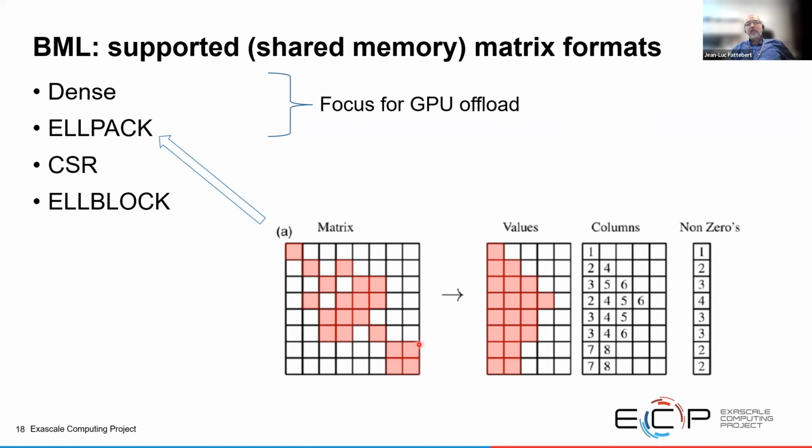So if you have a sparse matrix like this one, you're going to say, I'm going to have a maximum of 5 non-zero elements per row, and you pre-allocate a big block of memory and store your non-zero values there, as well as the other information needed to retrieve this data. It has the advantage compared to a standard CSR that you pre-allocate that block of memory in contiguous memory.